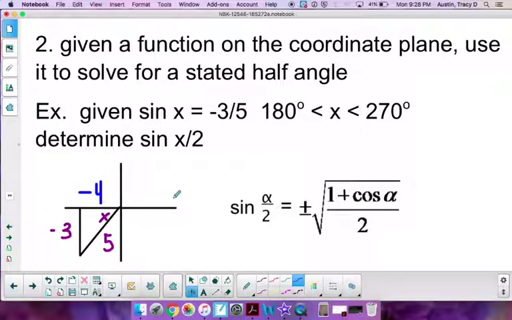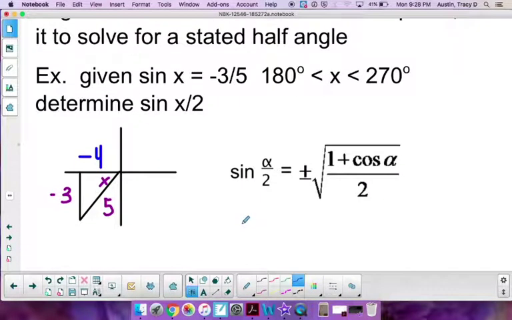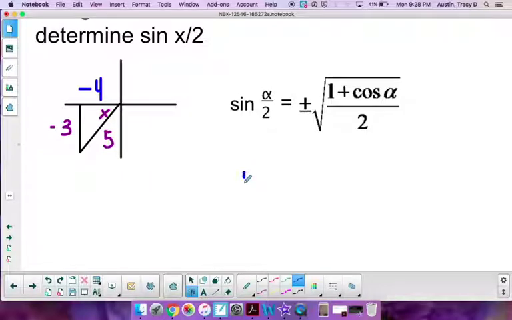Okay, so if it's -4/5, we're just going to plug it in and simplify it, and this one's going to come out a little bit nicer than the last one with the double root. So this is just going to be 1 plus -4/5 divided by 2.